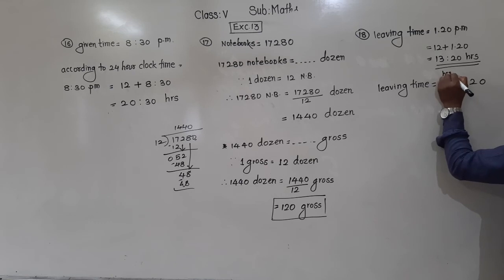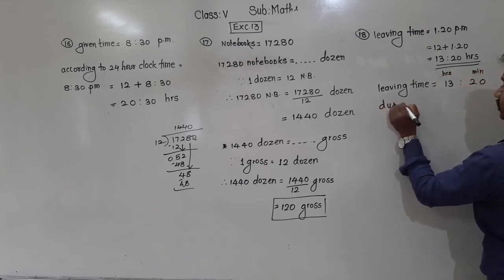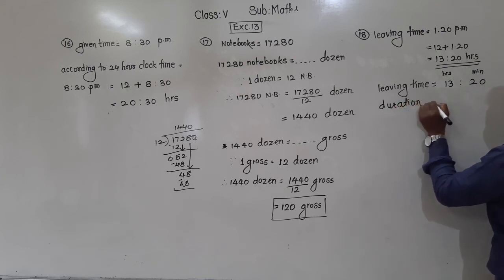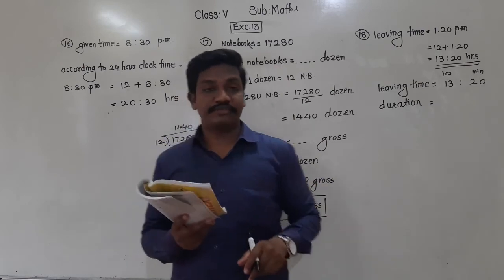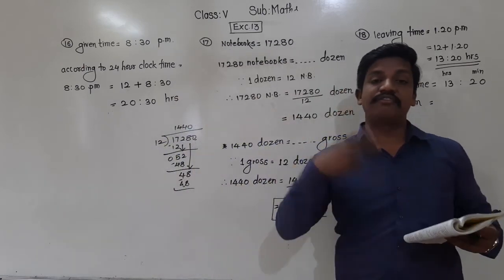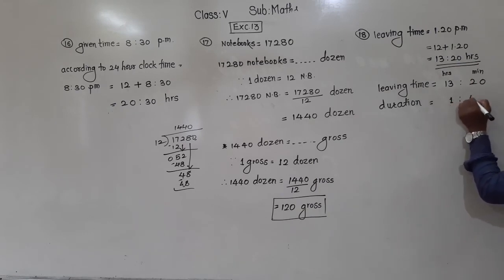Hours, minutes. In this, you will add the duration. What is duration? How much time it takes? 1 hour 45 minutes. Means that bus reaches after 1 hour 45 minutes. This is the duration.